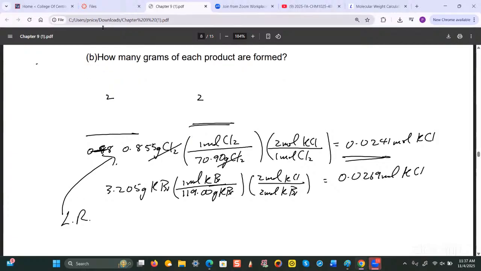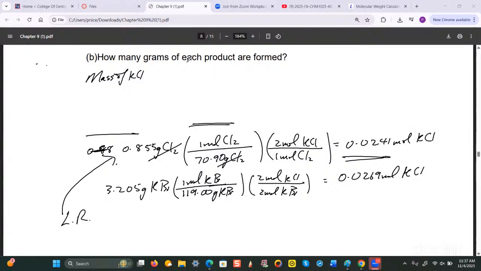Let me do some erasure here. Okay, now we know the moles of one of the products being formed, and that would be the potassium chloride. So calculating the grams for that would be relatively easy. All you have to do is say that the mass of KCl, now we have to use the smaller value, right?